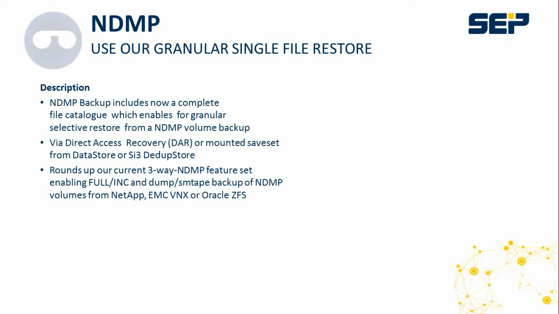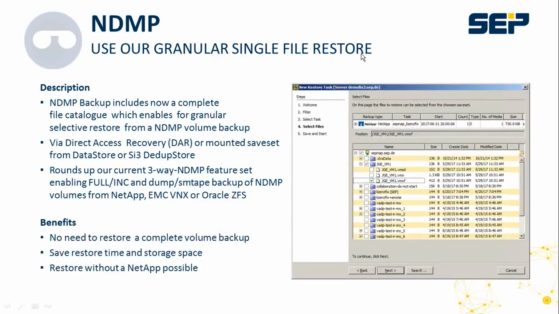And this could be an obstacle. If your NetApp machine is broken and you would like to do a restore, then you have to rent a NetApp somewhere to get the same machine for doing a restore. And with our mount functionality, you could restore all this data via the file system, and using this single file restore option also. And that's now the view how you can select the single files from the NDMP backup stream.